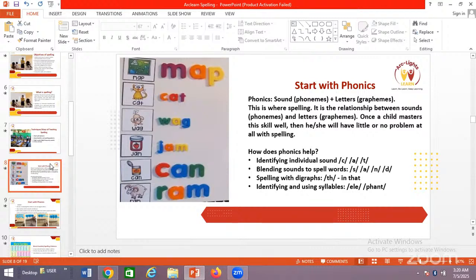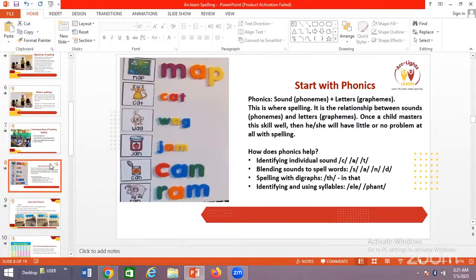This is where spelling starts. Phonics has a lot to do with breaking down words. It is the relationship between sounds and letters. Once a child masters the skill well, then he or she will have little or no problem at all with spelling.